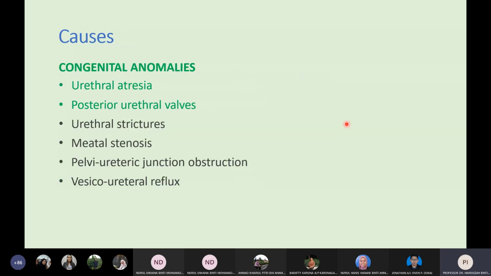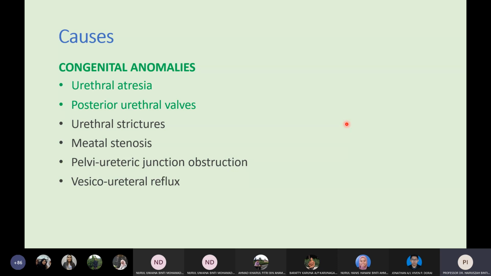Okay, so some of the causes: congenital anomalies are rare, but they do happen in newborns, in very small babies. Not commonly seen in clinical practice, but they do occur.